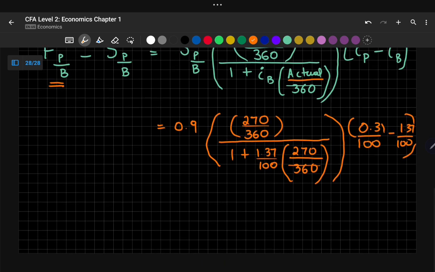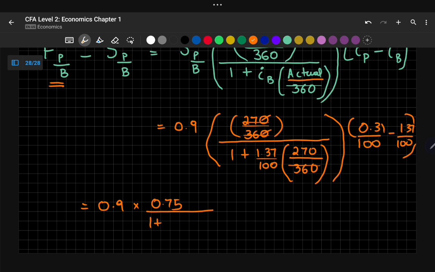Okay. So now if I simplify, this would be equal to 0.9 into, on this side of the equation, these cancel, it would be 3 by 4. 9 3s are 9, 4s are... So this would be equal to 3 by 4, which is 0.75, divided by, again here it would be 0.75.